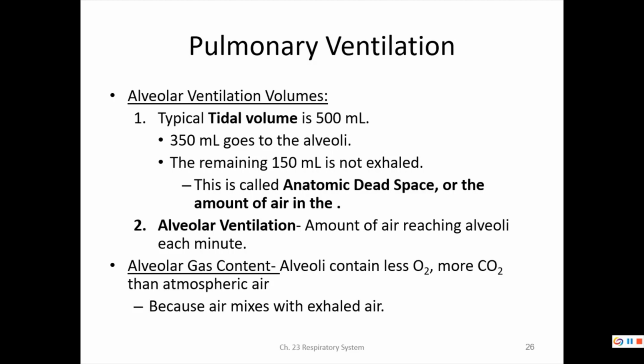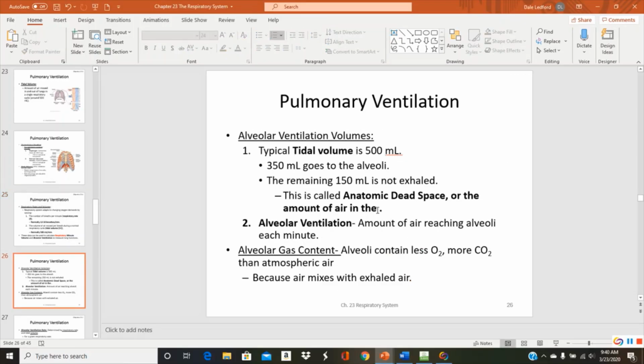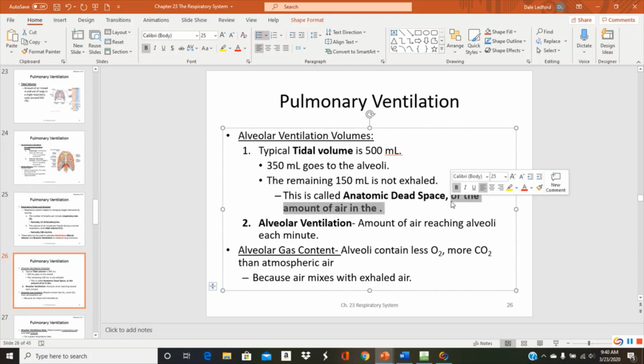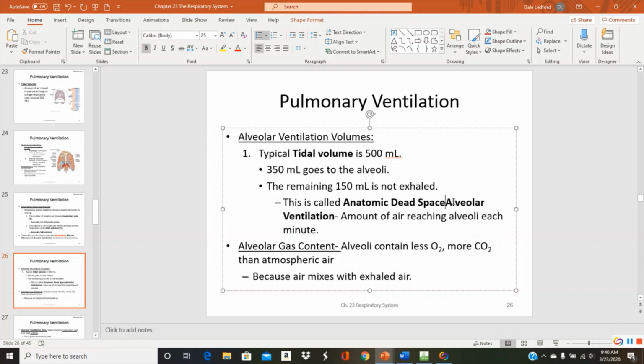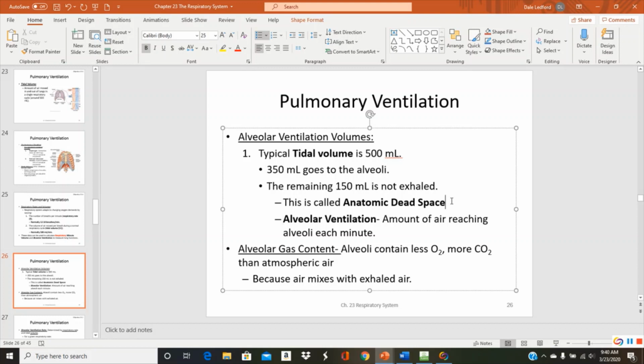This should have said the amount of air in the alveolar ducts or other respiratory places, the amount of air in the ducts and other spaces in the airway. That's my fault. I'm going to edit that out right now.